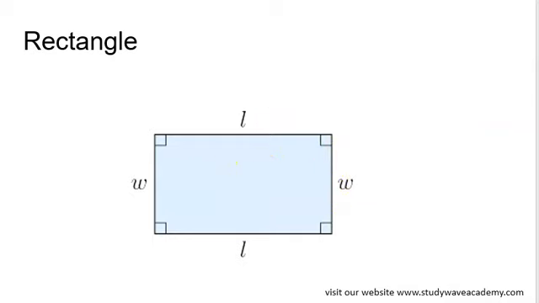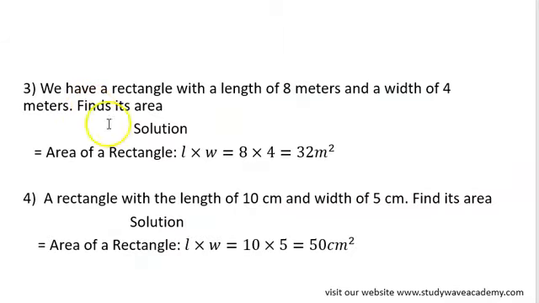L times W. Okay? We first of all write out our formula. Area of a rectangle, L times W, is equal to what? We write out our length, 8 meters, then our width, 4 meters. What do we do next? We multiply them together. And when we multiply 8 times 4, it's going to give us what? 32. Okay? 32 meter square. That is our answer. Good.